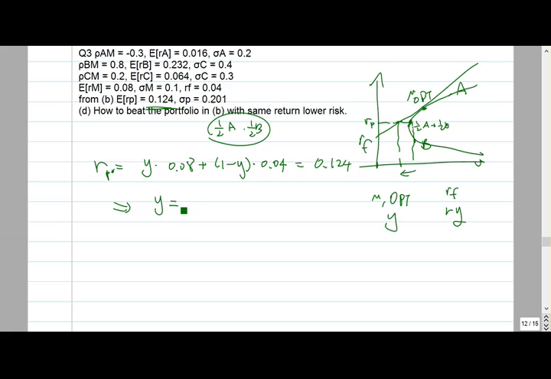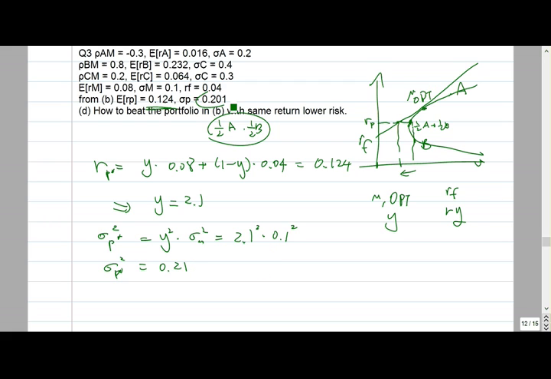So we can solve for Y to be 2.1, and then the sigma P star squared is just Y squared times the sigma market squared, which is 2.1 squared times 0.1 squared. So sigma P star is equal to 0.21.